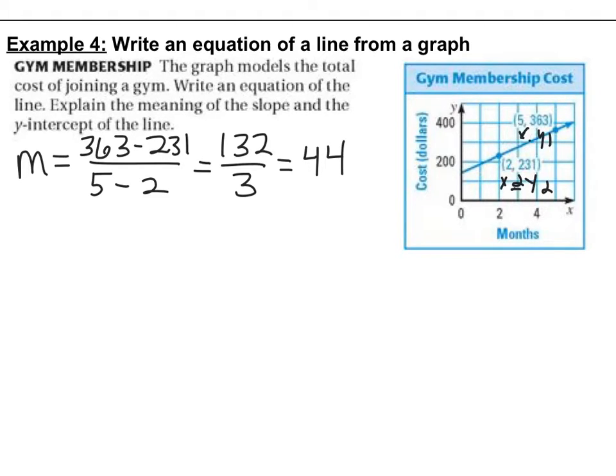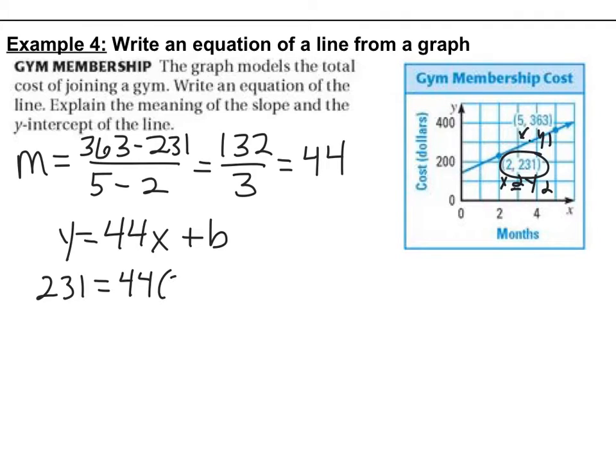Okay, so we'll do what we've done in the last two examples. We're going to take y equals 44x plus b, and we're going to take just one of our points, and we're going to plug it in. So 231 is equal to 44 times 2 plus b. This is going to be 88.